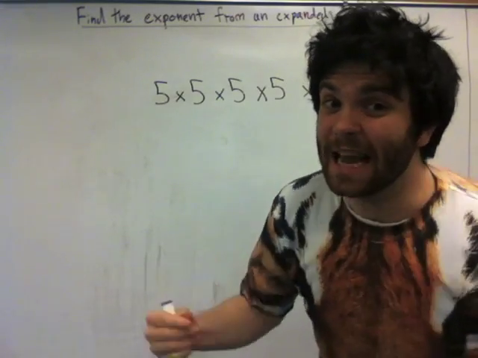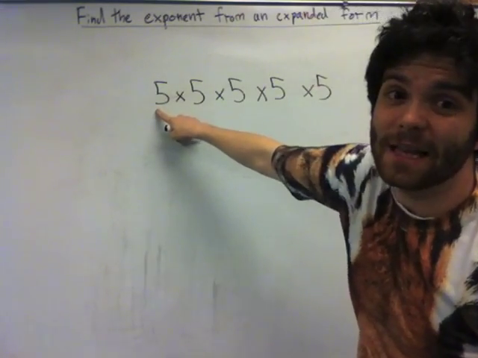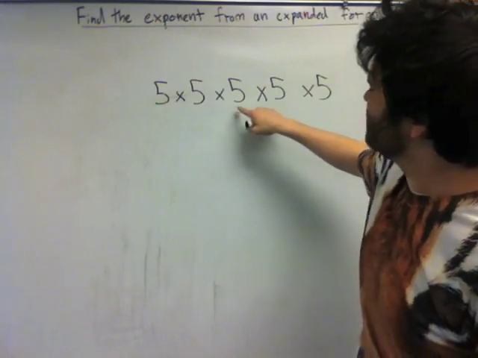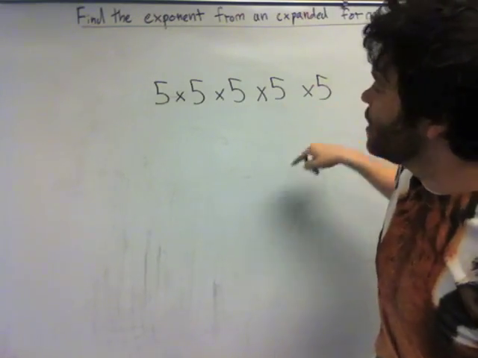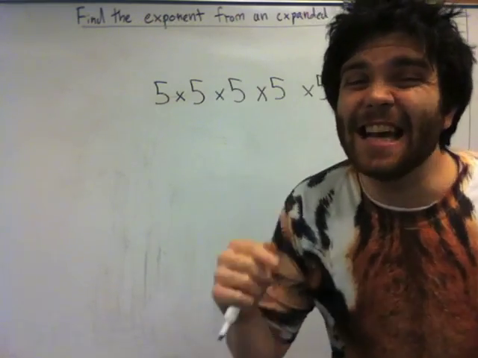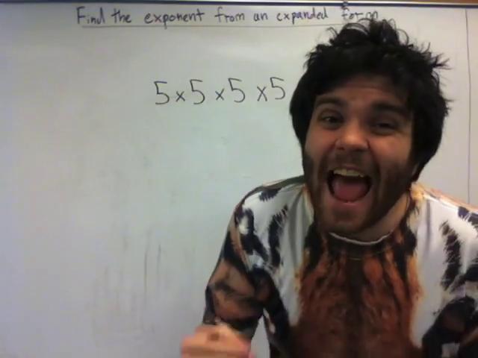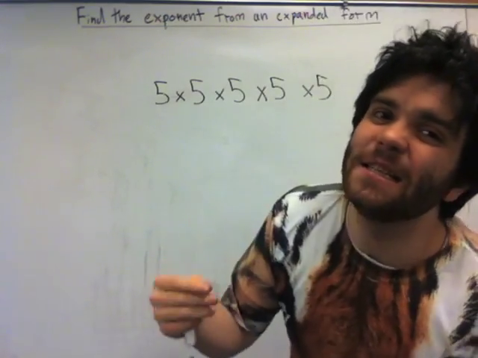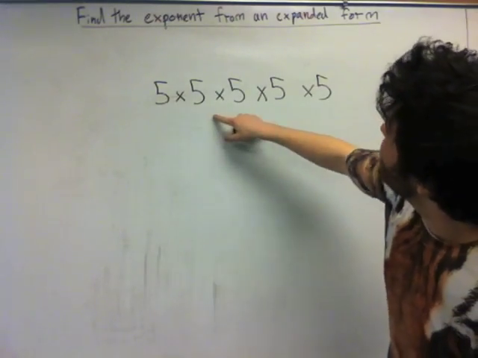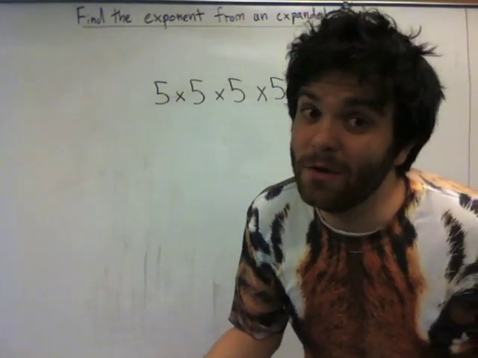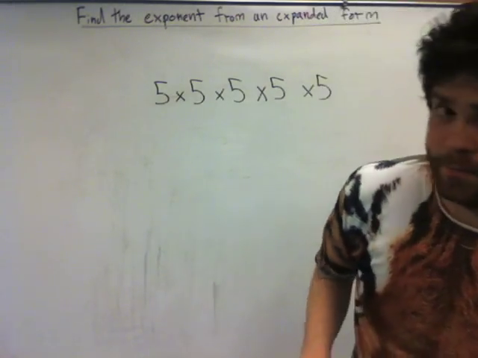In fact, it's the same number, 5 in this case, multiplied by itself a bunch of times. 5 times 5 times 5 times 5 times 5. Couldn't there be an easier way to write this? Guess what? There is, and that's what an exponent is. It's just an easier way to write this problem. If we want to write this problem in a really easy way, we use an exponent. Let's check it out.